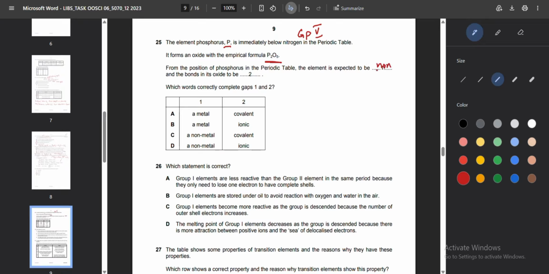In the first one you will write that they are expected to be non-metals. And what is the nature of bond between the non-metal atoms? It is always covalent, never ionic. So which option is the correct one? Option C.